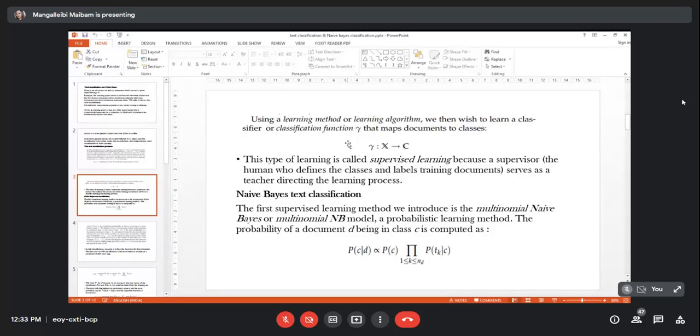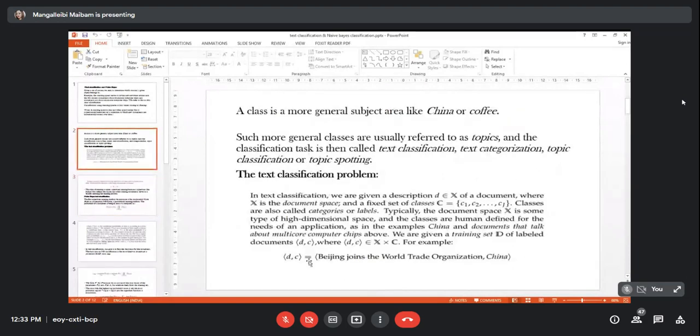So we have defined a classification function gamma, which maps X to C; the documents map to classes. That means this document, Beijing joins the World Trade Organization, maps to the class China.